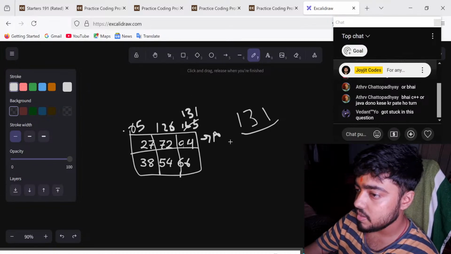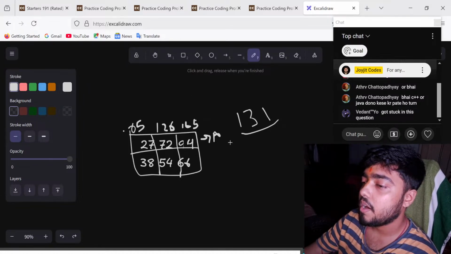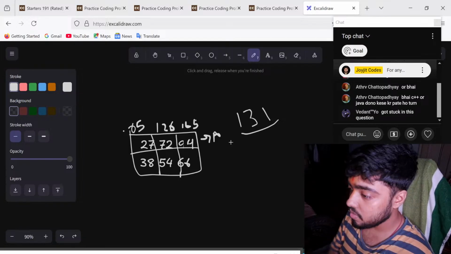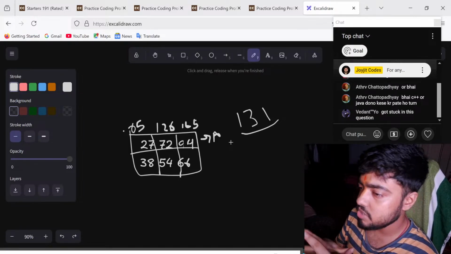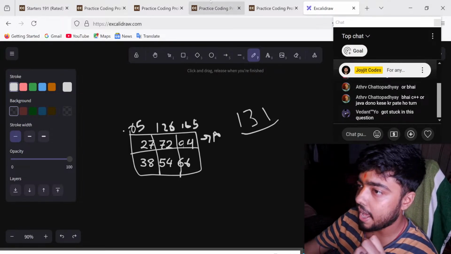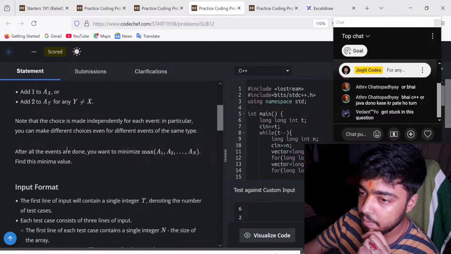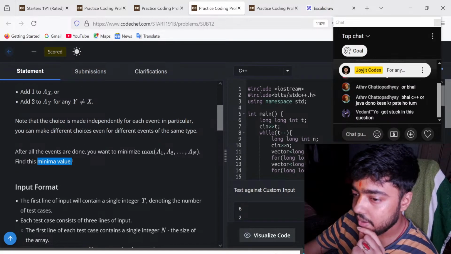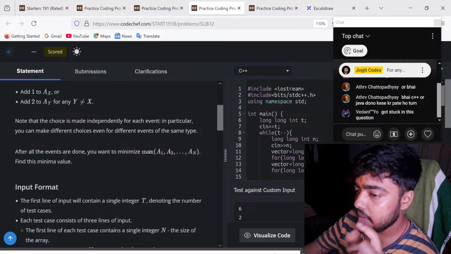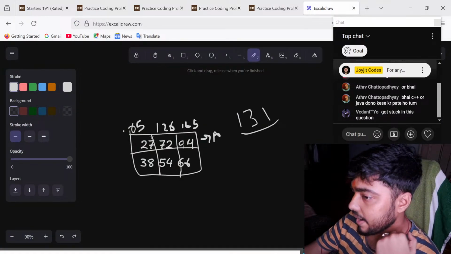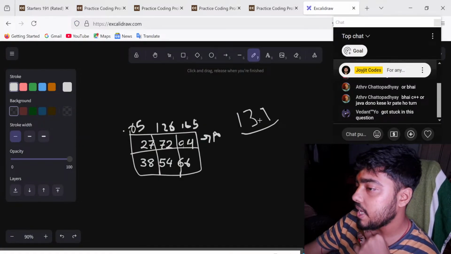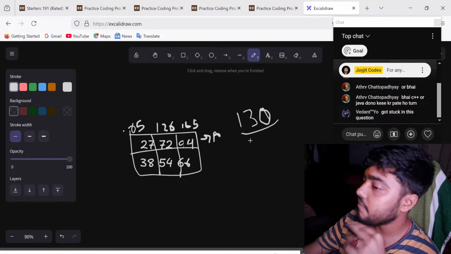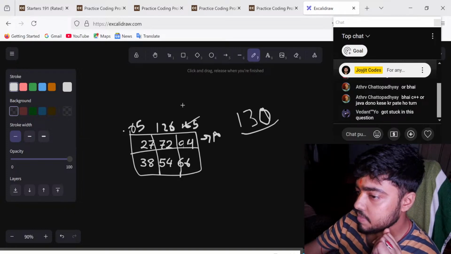If you ask me why not 132, it's because 131 is the smallest that we can have, and it was given that we have to go for the minimum. Find the minimum value; you have to minimize the maximum, right? But why not 130? Let's check with 130. For 130, this becomes 35.